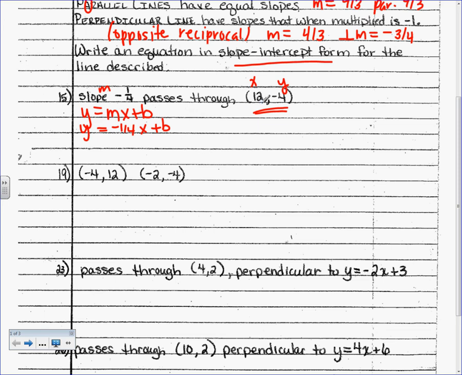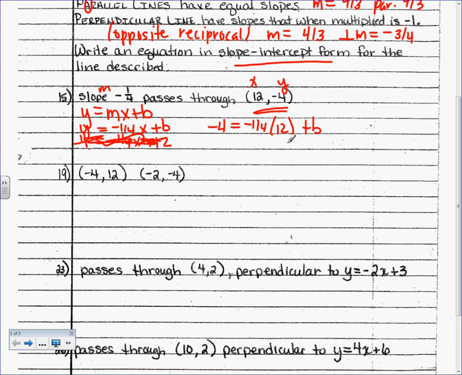So instead of an x, I'm going to put 12, and instead of a y, I'm going to substitute negative 4. So let's do that. Negative 4 equals negative 1/4 x plus... oops, sorry. X is 12. Negative 4 equals negative 1/4 times 12 plus b. We're looking for b. You ready?